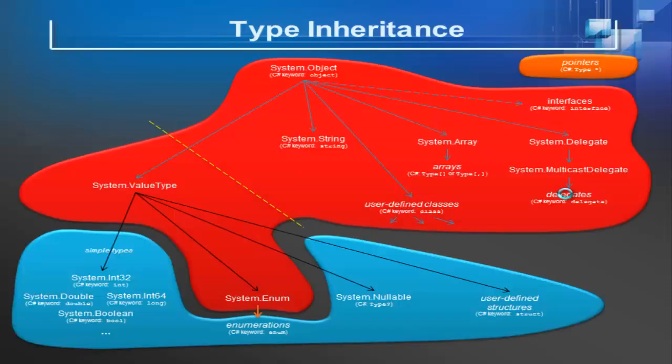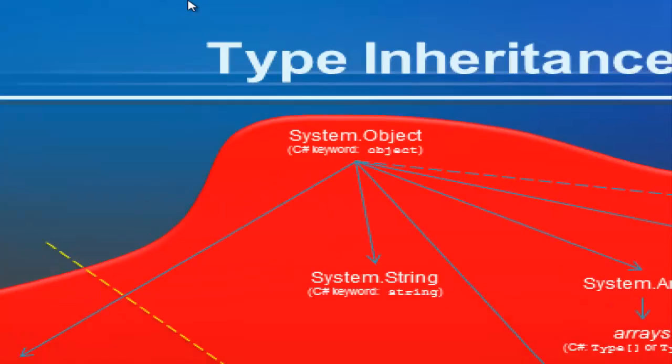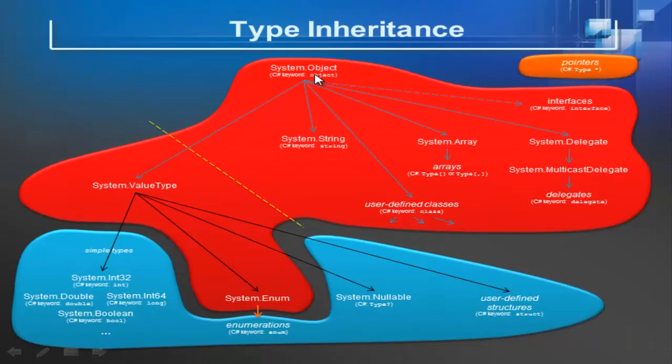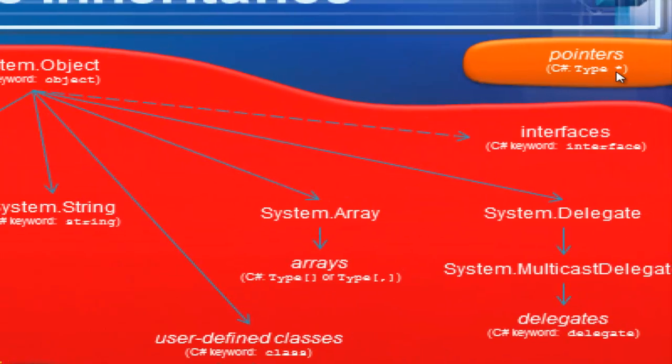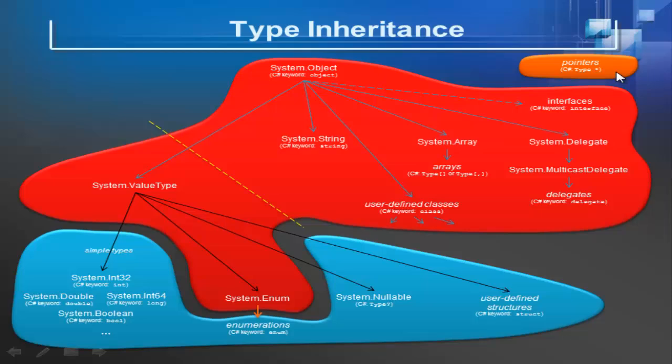Now this is what you get right at the top of the hierarchy. Everything starts with system.object. So all the things that you do in C#, the base object for all of them is system.object, and you notice here pointers are no longer considered. So the type is there, but it cannot be directly manipulated.